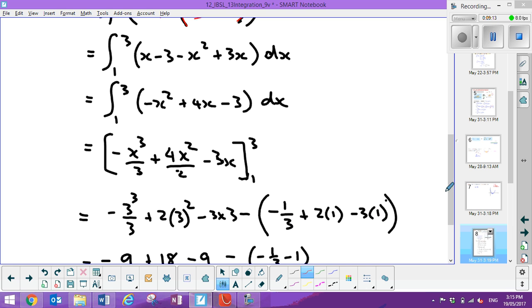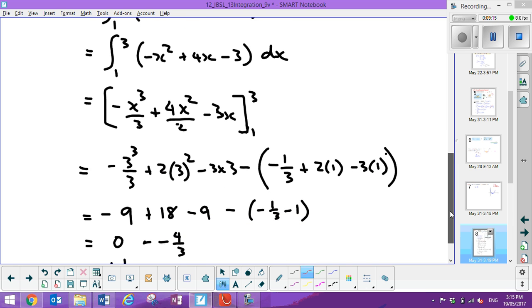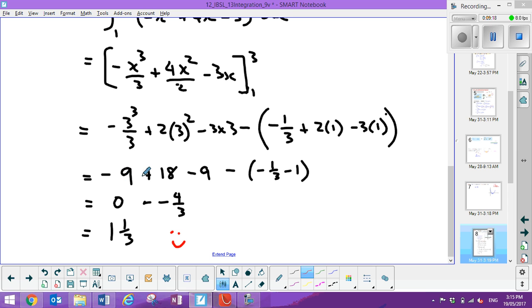Careful with your numbers so that we get minus 9 plus 18 minus 9, they all cancel, minus 1/3. Again, use your brackets to group things together that need to be subtracted. We come out with 1 1/3.